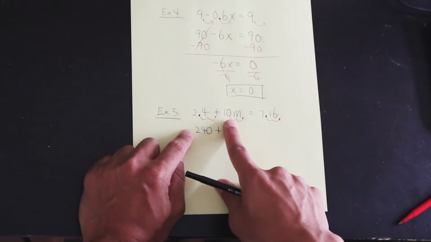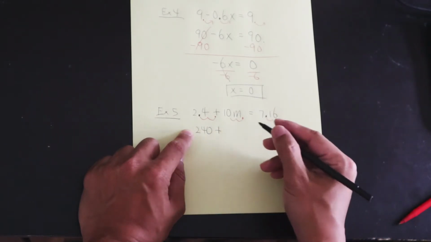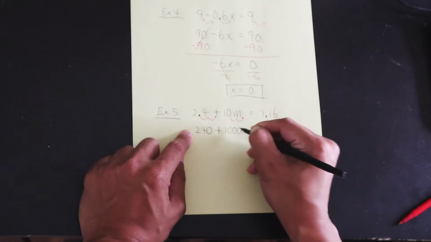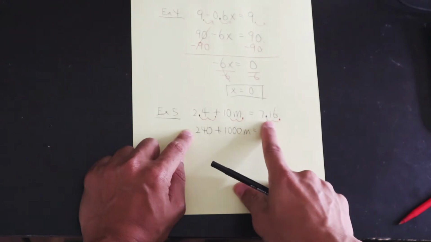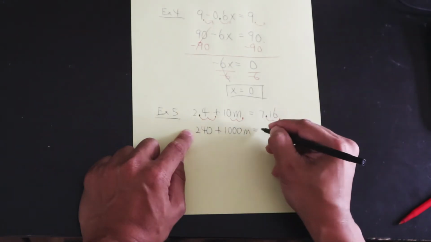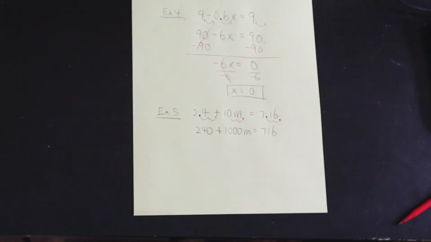And then 10, once you move 2 times to the right, becomes 1000m. And then 7.16, once you move 2 times to the right, becomes 716. Look at that. All the decimals are gone.